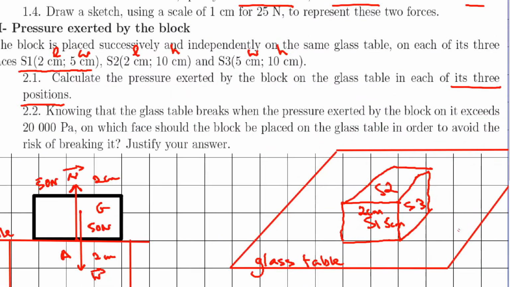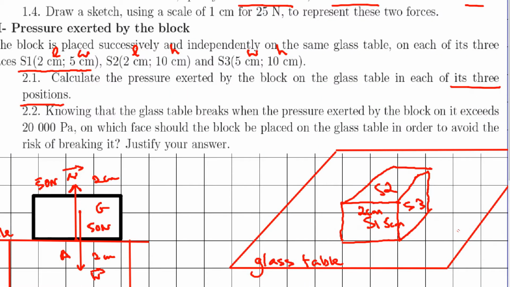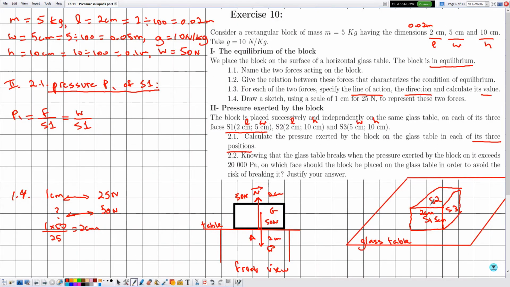I have chosen this side to be 2 centimeters because it is in common with S2, and notice that S2 has another dimension which is also 2 centimeters. So this is the common side. Here actually the drawing is not important, what's important is the calculation. So don't get confused with this. Let me erase it. I will not place the dimensions on the figure. So this is S1. Now let's get back to P1.